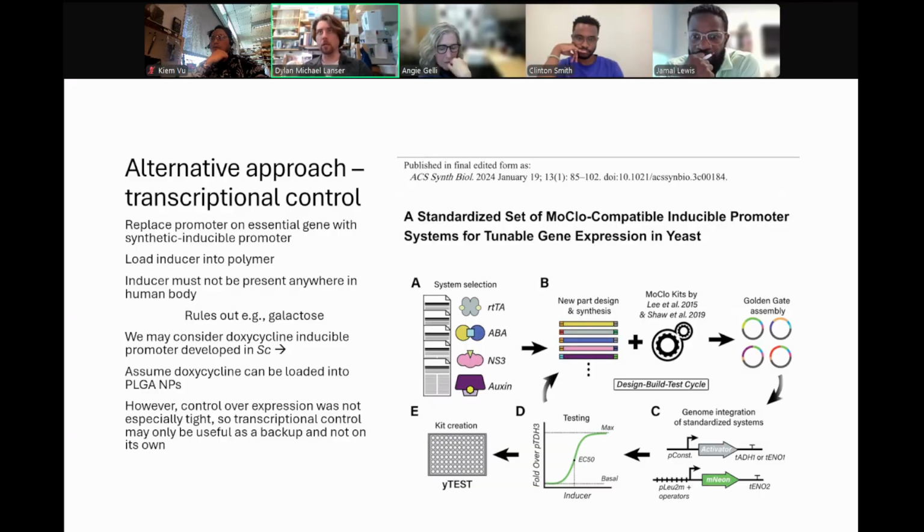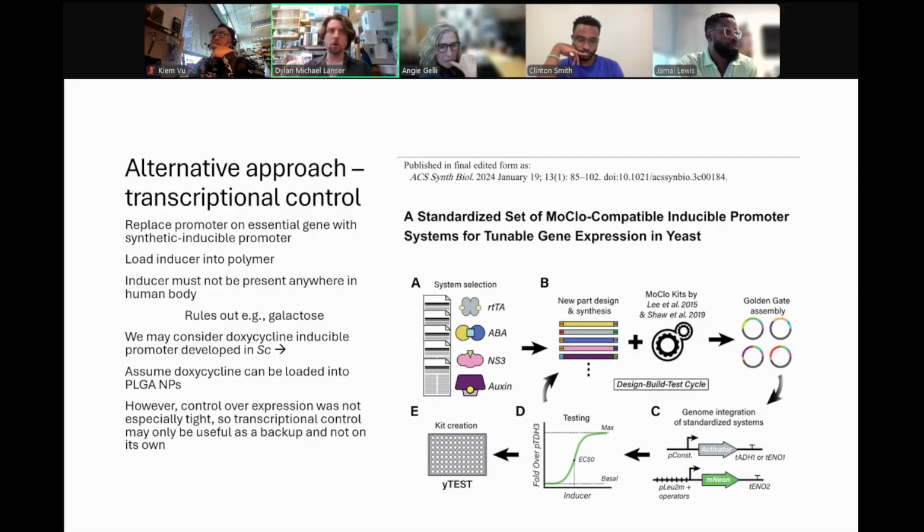But for example, this one article that I found is 2024, fairly recent, again in Saccharomyces, and I think they identified 5 different promoters, some synthetic promoters, in fact, that they were able to engineer into Saccharomyces, and one of them was triggered by doxycycline. So I imagine that maybe it'd be possible to load doxycycline into PLGA and use that as an inducible promoter. If we're able to get this to work in Cryptococcus, it could be the main or at least a backup strategy using the transcriptional control.